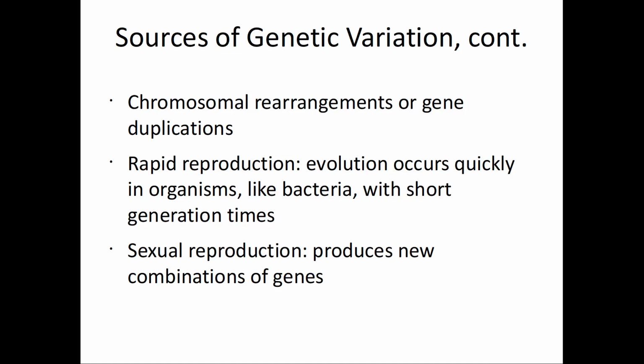You're getting large numbers of organisms selected against, exposed to many different types of situations. So that's where we have some source of genetic variation there. And then sexual reproduction, obviously this is where we get to recombine genes from two different individuals and get new combinations of genes.